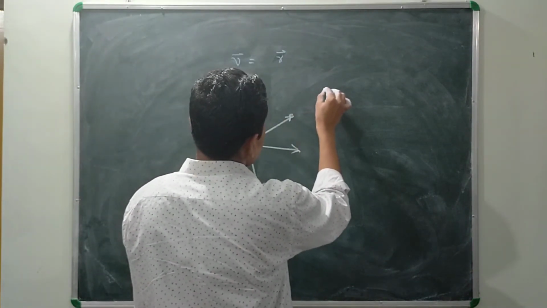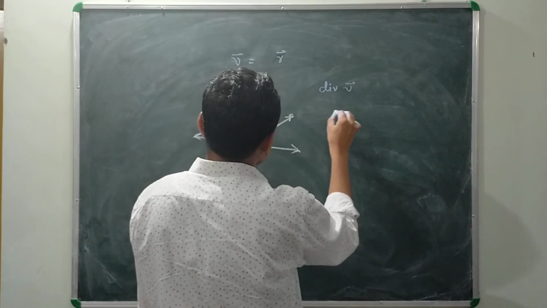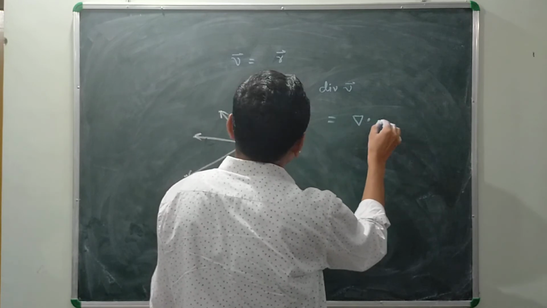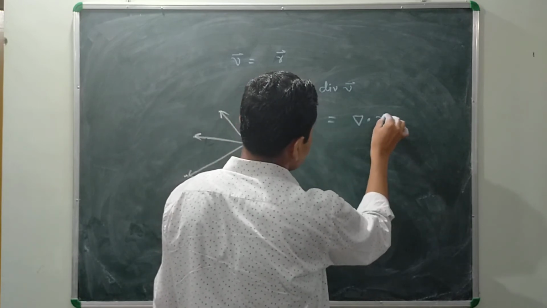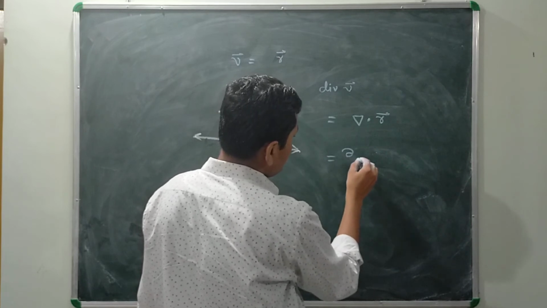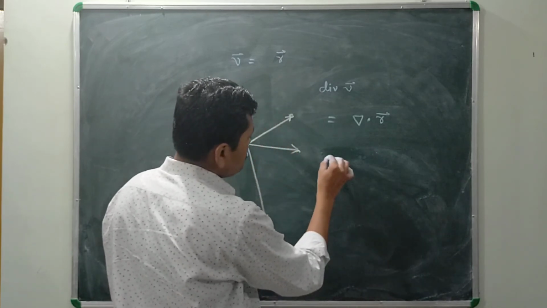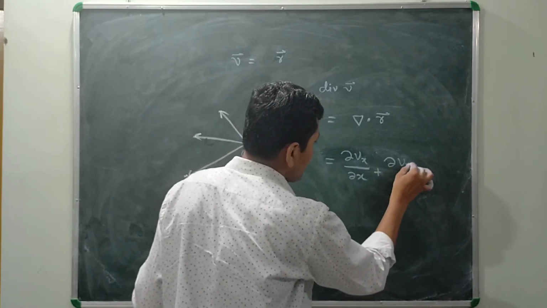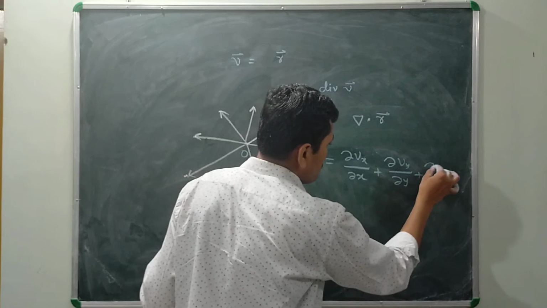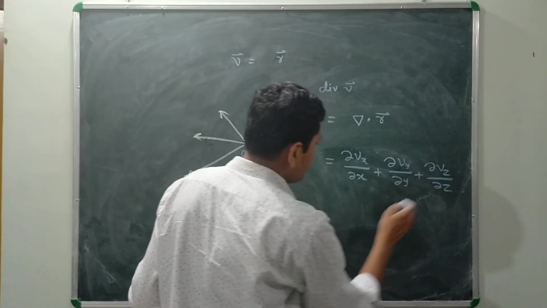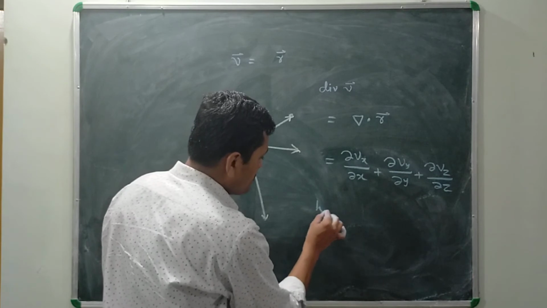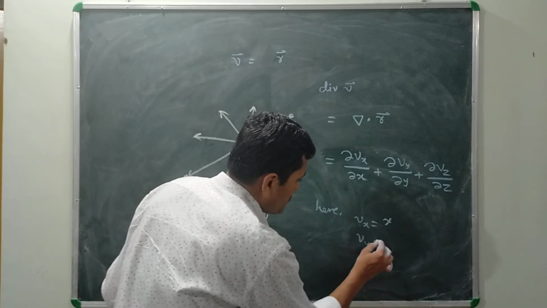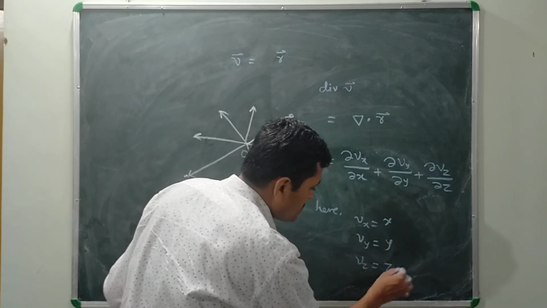So divergence of vector V is equal to Nabla dot vector V. What is vector V? It is vector r. So it will be ∂Vx/∂x plus ∂Vy/∂y plus ∂Vz/∂z. Here Vx is nothing but x, Vy is nothing but y, and Vz is nothing but z.